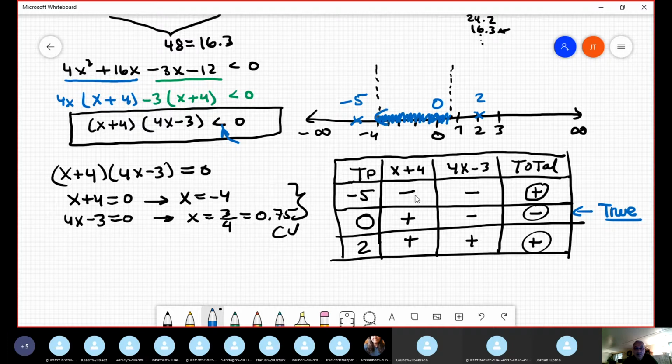So parenthesis and parenthesis. What's my final answer then? Final answer is -4, and that weird point is 3/4. Parenthesis, parenthesis. Remember this point is 3/4, 0.75, and this is -4. So from -4 to 3/4 is the answer.